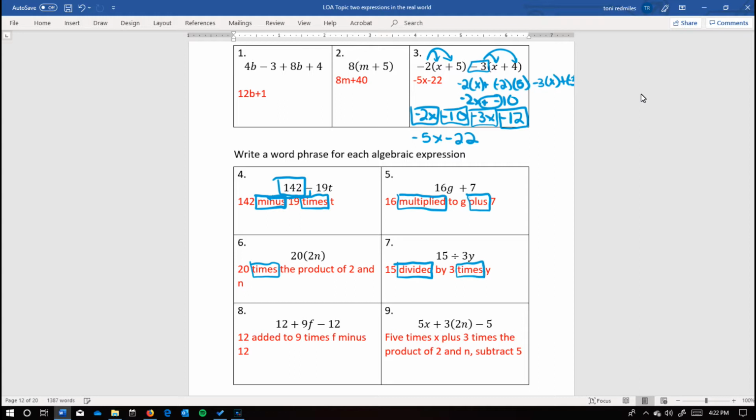All right, in this last one, 12 is being added, and you could have used a different word for added, to 9. The 9 is being multiplied to the f, so I have to have a word that means multiplication, and that is being subtracted by the 12, so you need to use a word of subtraction. Remember the words in the box are the words that you can use a different word that means the same thing.